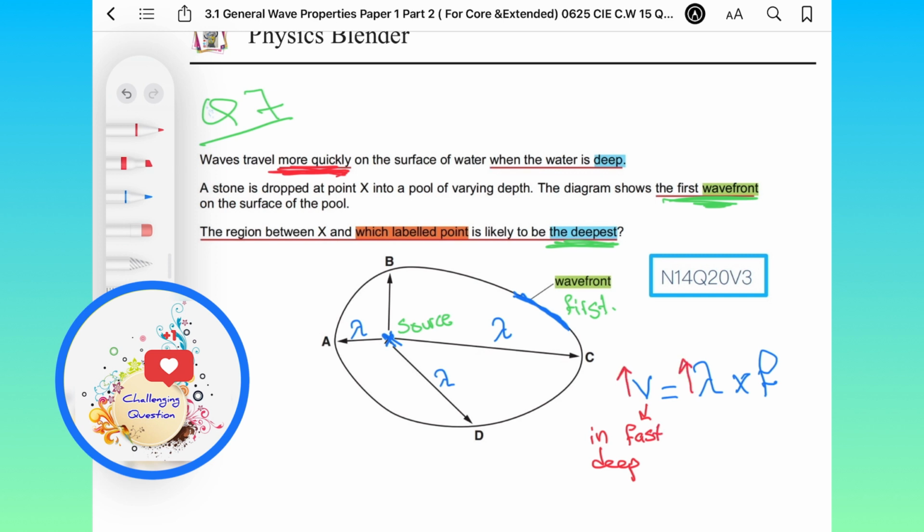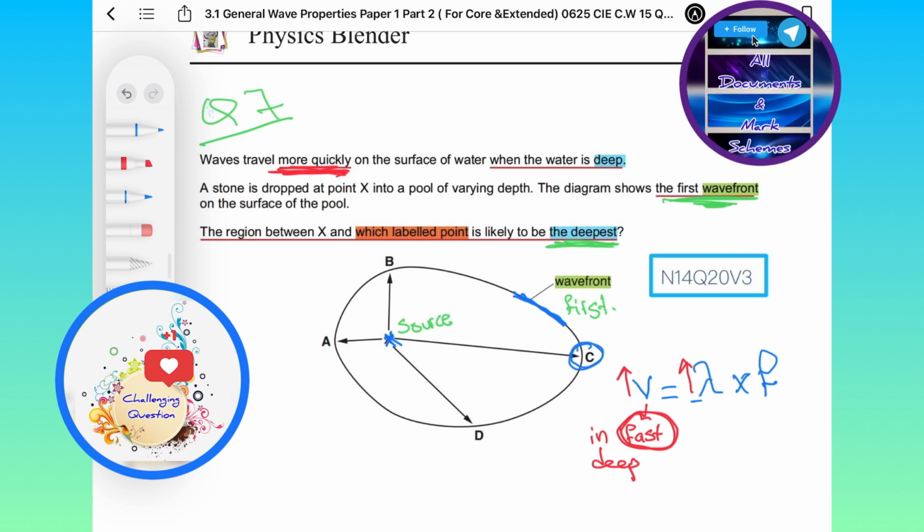So in this case you will choose the answer with the longest dimension, so you will not get confused. The answer here is C. Why do we choose C? Because it has the longest wavelength, so it represents the deepest region.